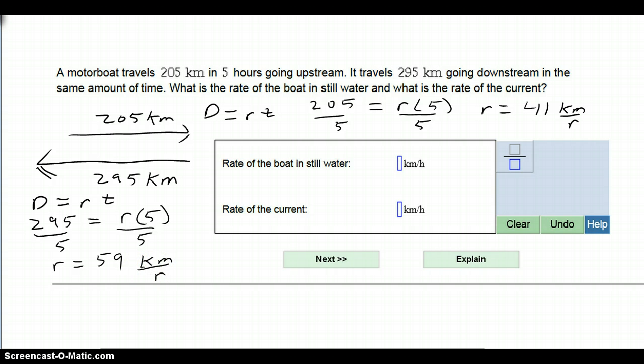So if it's going against the current, it goes 41 kilometers per hour. If it goes with the current, it's 59 kilometers per hour. So the question is, how much is it helping and hurting?